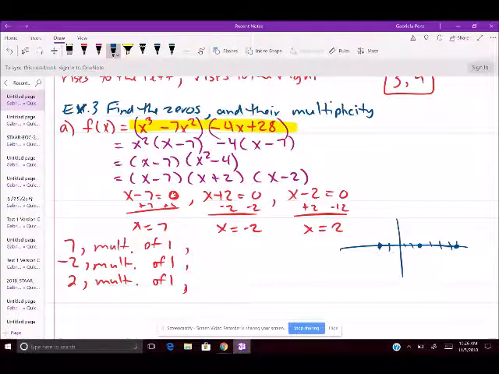So the question is, is it crossing the x-axis, or does it touch it and turn around? At negative 2, 2, and 7. So a touch would be, it comes here and it turns around, or is it actually at negative 2 going through it? Are they crossing the x-axis?